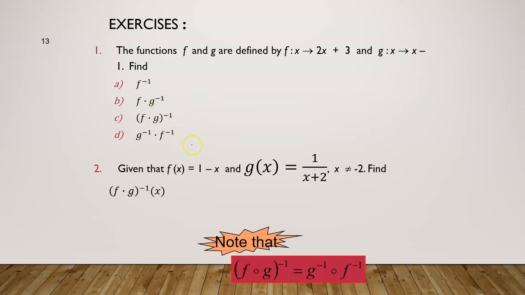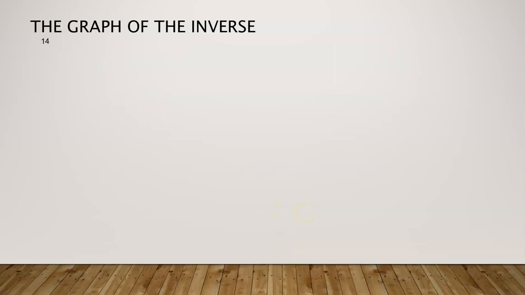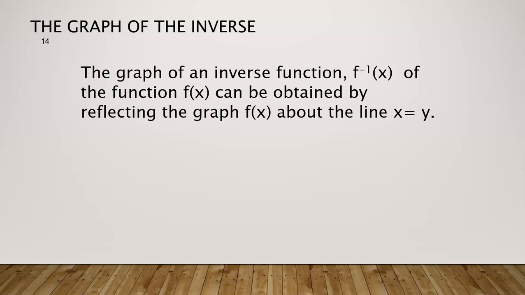Alright, so for this one, please take note that the inverse of the composite f g is equal to g inverse f inverse, right? Okay, now this is the important part. I think this is new for you: how we find the graph of the inverse. The graph of an inverse function can be obtained by reflecting the graph about the line x equals y, or the y equals x that you are used to, which is the same.